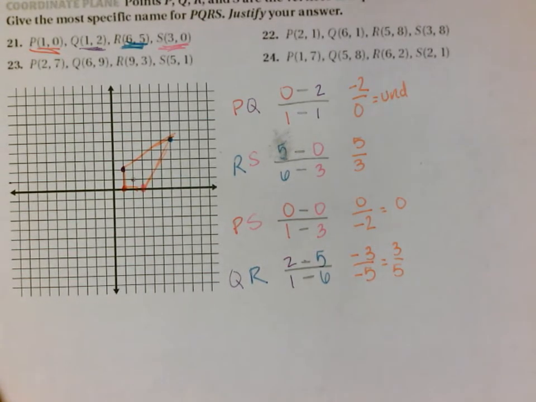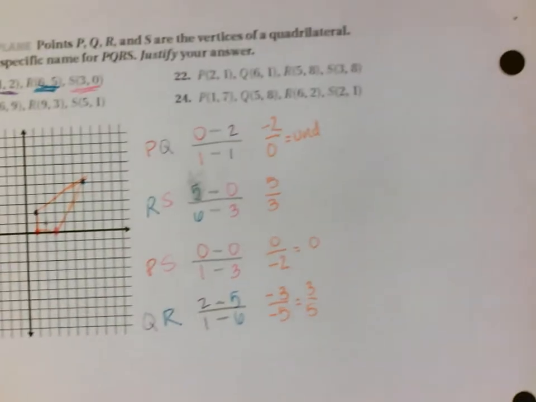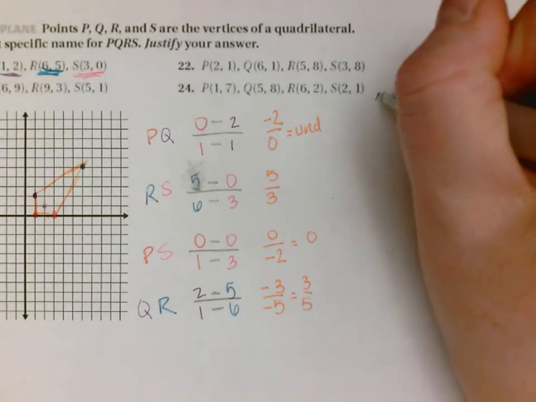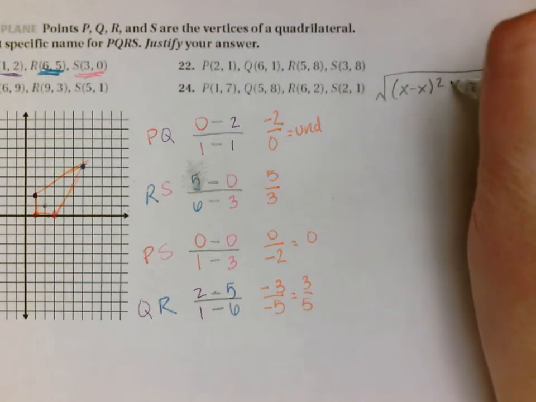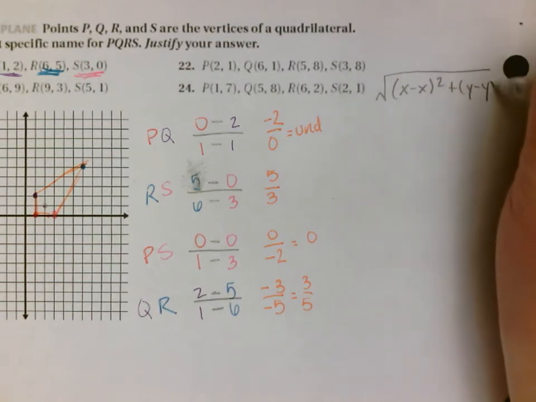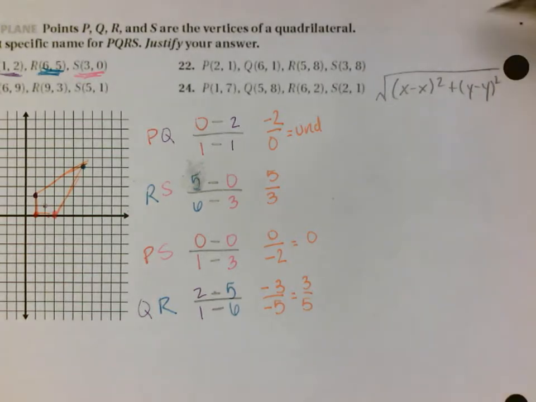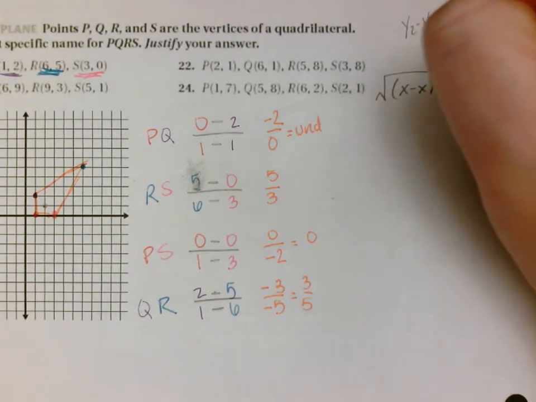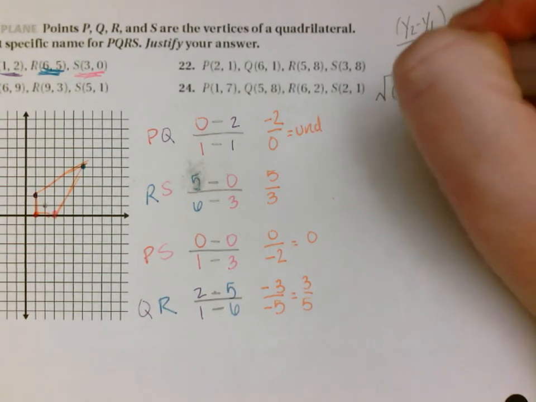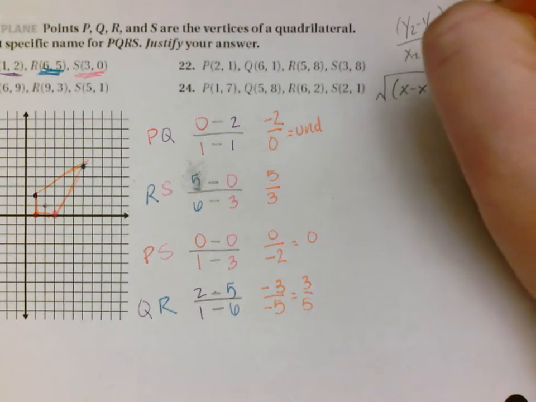Now comes the distance formula. So the trick with the distance formula, if you don't recall from in class on Friday, or you were not here on Friday, is x minus x squared plus y minus y squared. You don't have to do the subtraction again, because slope, if you recall, is y2 minus y1 over x2 minus x1.